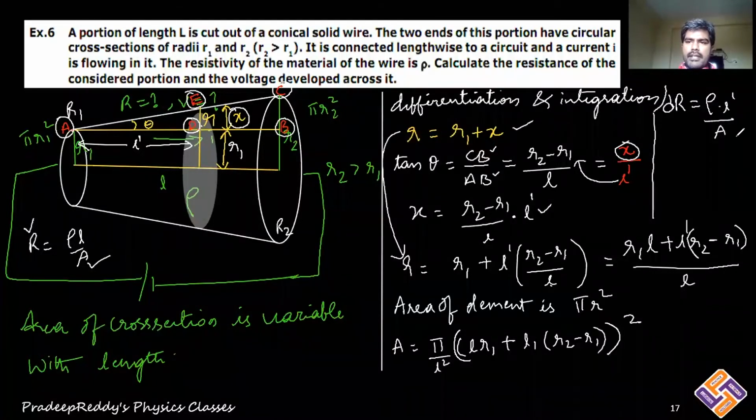You can substitute that area here. After substituting, you will be getting dr. Once dr is obtained, in order to find the total resistance R, you need to integrate dr within the limits from radius R1 to R2. If you integrate this, you will get the final resistance of the conductor. That is the procedure you need to follow to solve the problem. Try to work out that yourself.